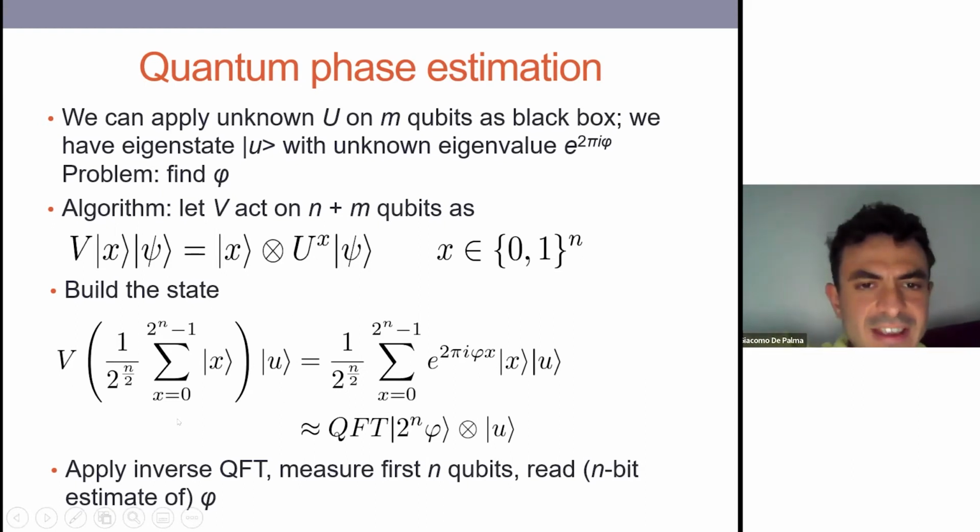What happens? Of course, V will read this value of x and will apply the unitary x times. And then, since u is an eigenvector of the unitary, what you will get here is the eigenvalue to the x power, which is what you see.